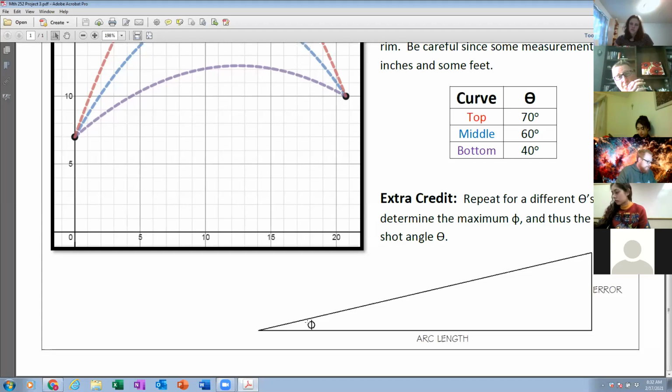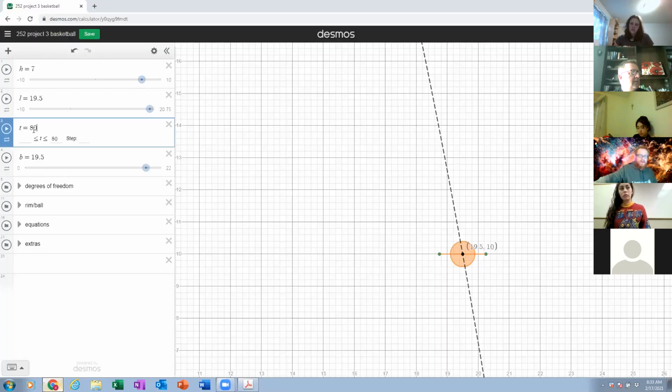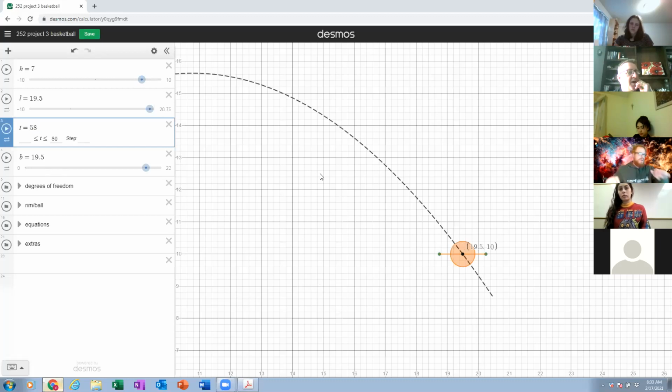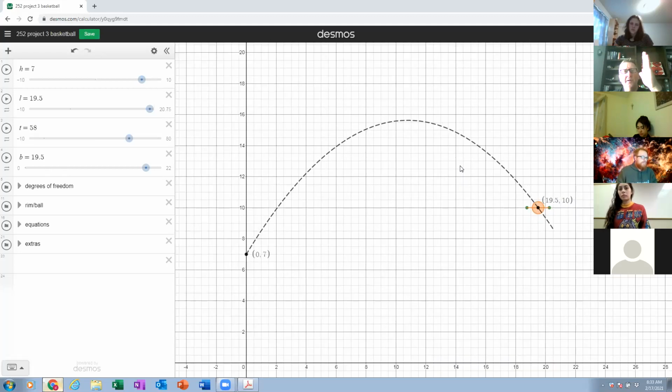And in the end, this should impress you that if you're shooting, say, a 3-pointer, no wonder that's so hard to make that shot. So maybe I'm aiming for, I don't know, how about a 58-degree shot? I'm going to shoot it at 58 degrees. Well, I would ask you right now to just guess in your mind.